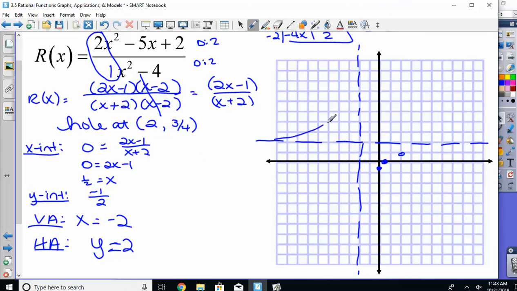So we get this piece right here. And this one, make sure when you're drawing it, you don't accidentally make your open circle look like a closed circle. That one is still open. Questions there?